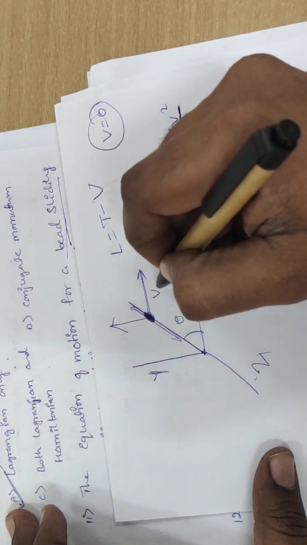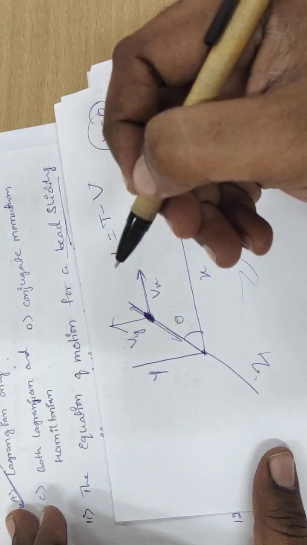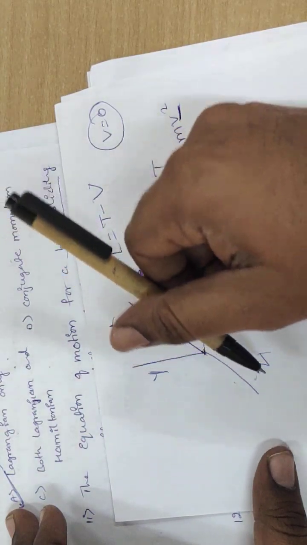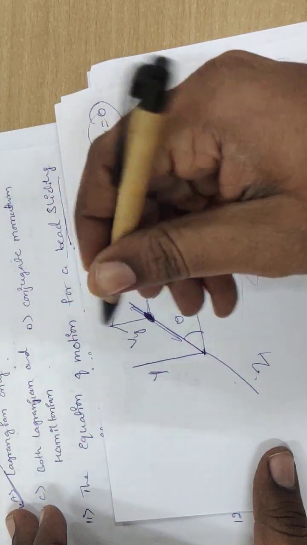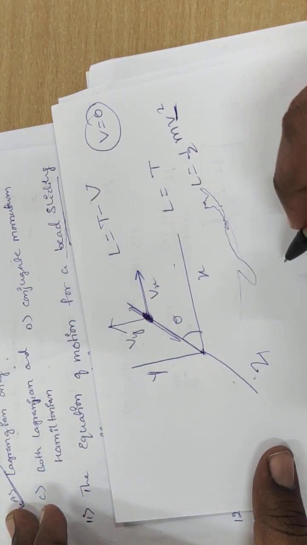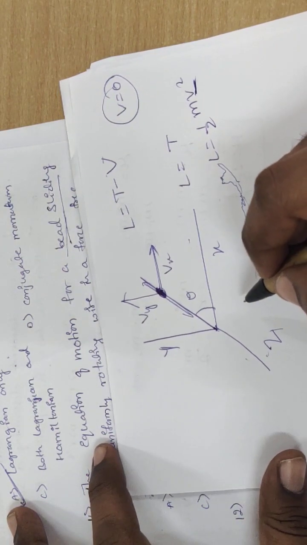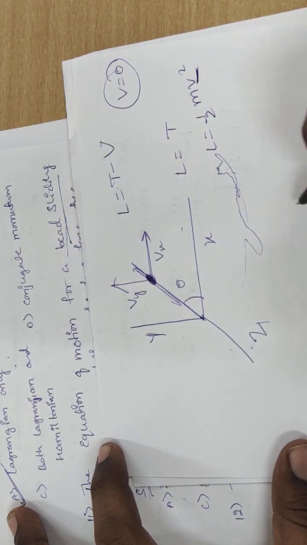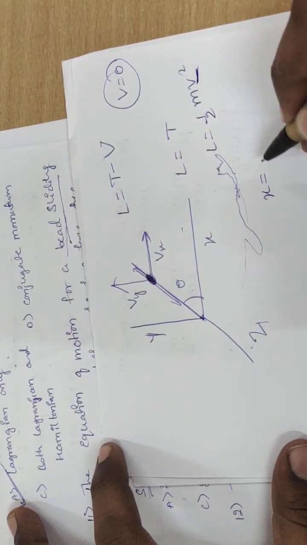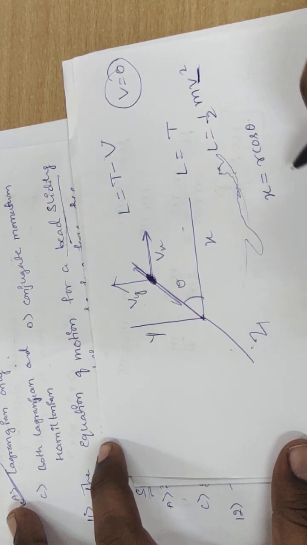That means we have to calculate the velocity x component and the velocity y component, because the bead is in between the x and y coordinates. Now I am going to express the Cartesian coordinates in polar coordinates for simplification. So let us take x is equal to r cos theta, and y is equal to r sin theta.